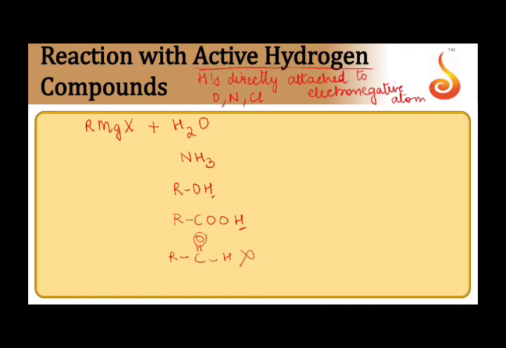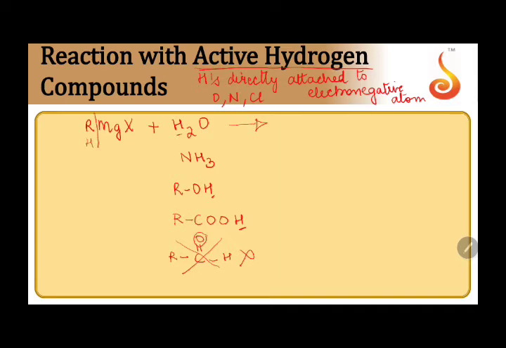They undergo a different type of reaction with Grignard reagent. Let's see all these other compounds. Which type of reaction do they undergo with Grignard reagent? The first reaction: what happens when a compound contains active hydrogen? One of the active hydrogens goes to this R part.